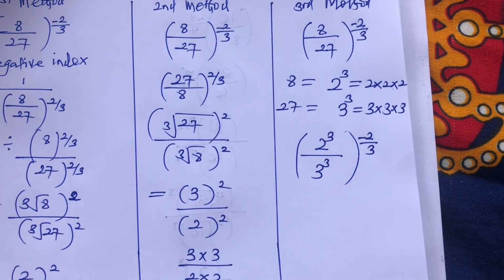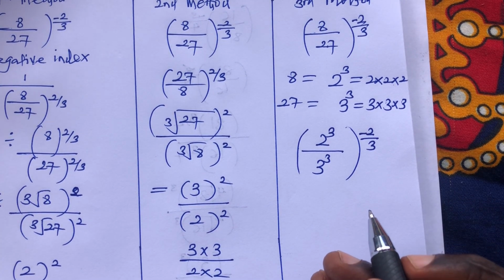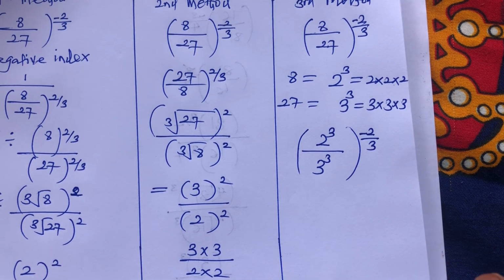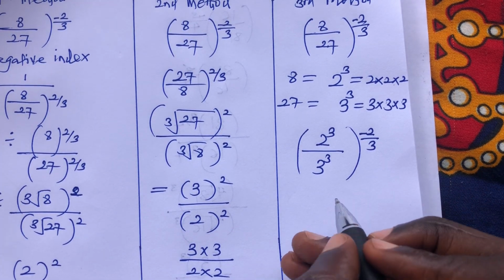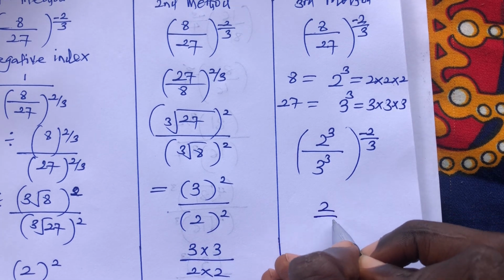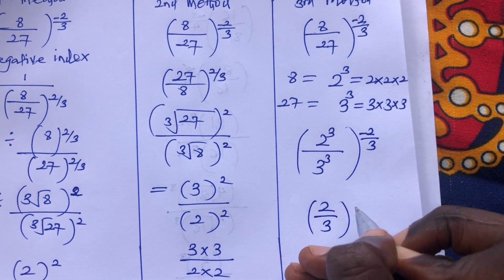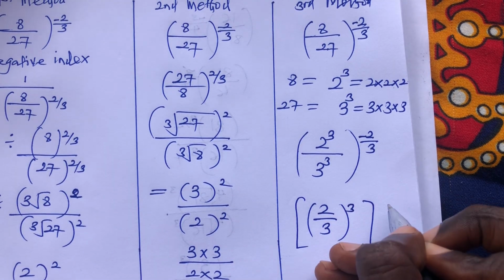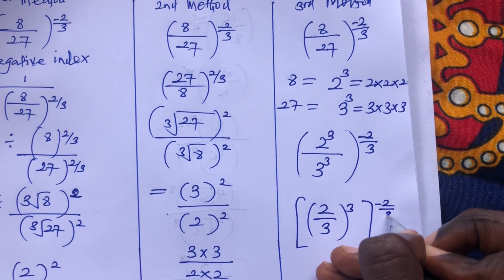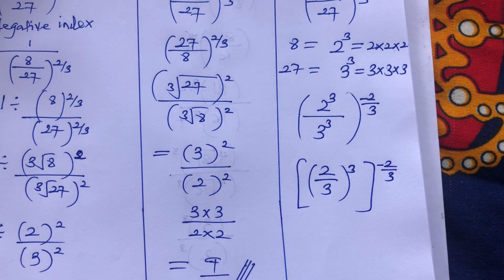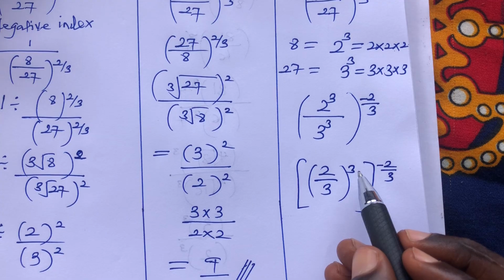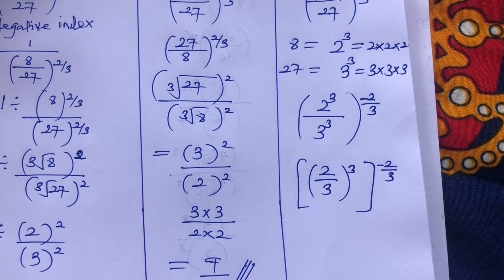According to indices, if a number or letter has the same power, then you take one power for them. That is, this is 2 divided by 3, and we use a big bracket for this fractional power. But remember, the power law of indices states that if a number or letter is raised to a power and again raised to another power, multiply the two powers for your final answer.